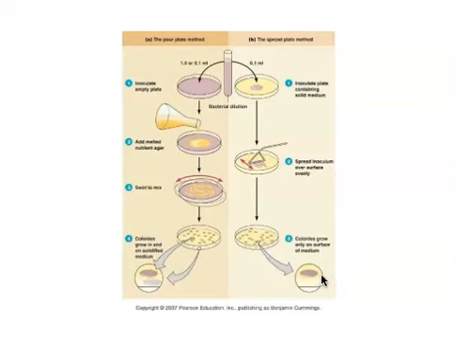Now, one thing I want to point out to you about colonies is that we refer to them as colony-forming units in these calculations that we perform. We don't call them cells.